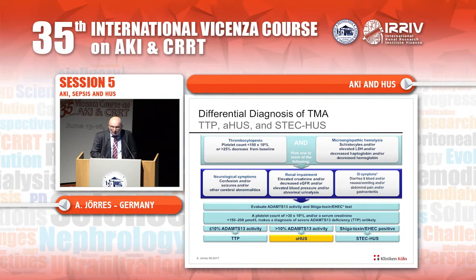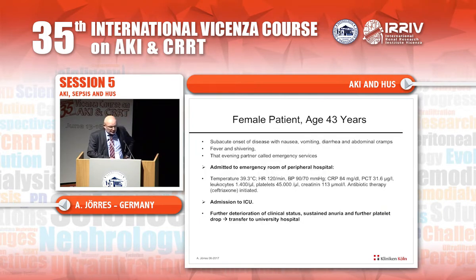It can be complicated in the clinical routine to identify such patients, and I will briefly give you one example of a female patient, 43 years of age, that last year presented in our hospital. She was first admitted to a smaller hospital with subacute onset of disease with gastrointestinal symptoms, abdominal cramps, but also fever and shivering.